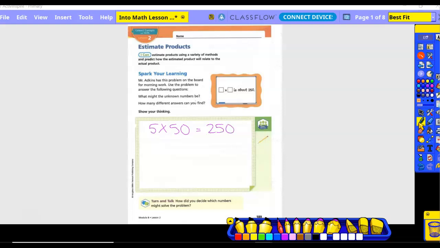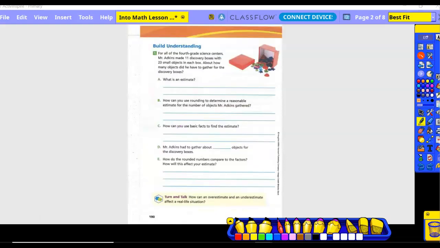What else could we use? If we dropped off the 0, that would be 10, right? Times what? 25. Okay, so there could be different possibilities, correct?